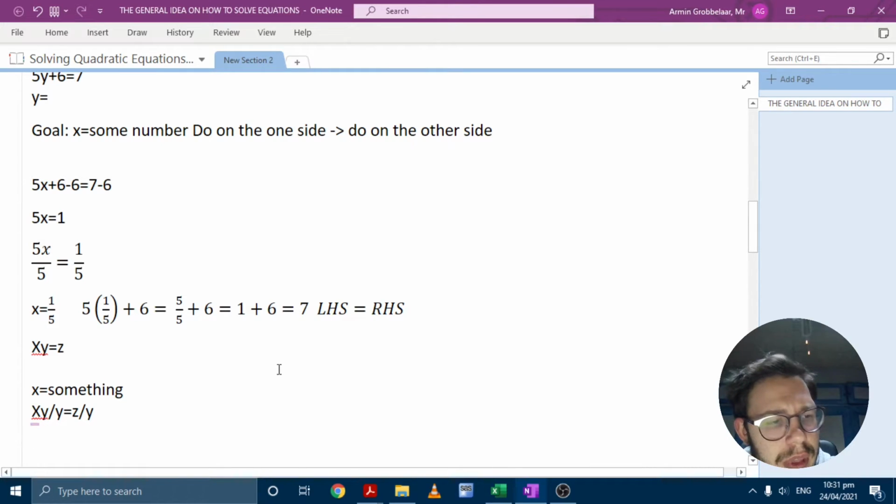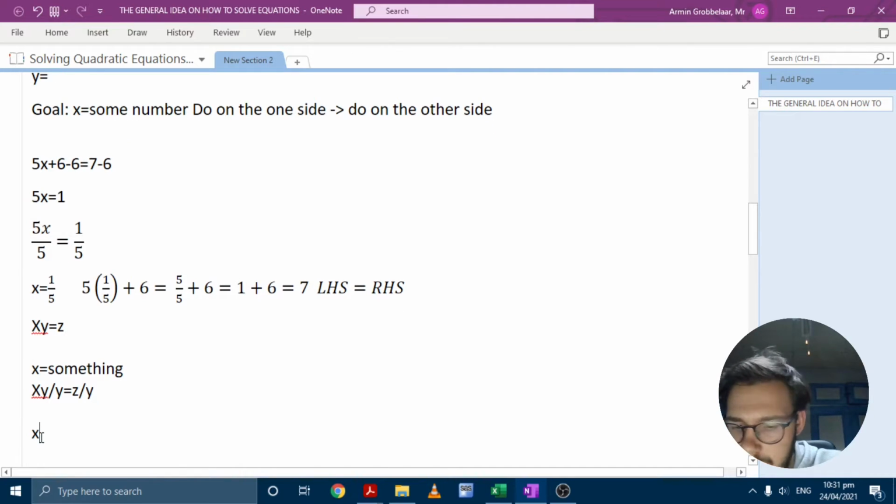So now our y's cancel out, and we're left with x is equal to z divided by y.